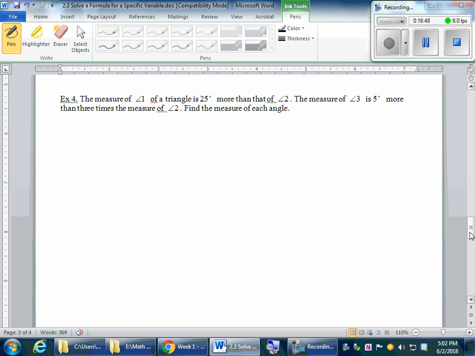So in this case, what we don't know is the measure of angle 1, the measure of angle 2, and the measure of angle 3, these three angles. Now, like in the previous example, we have more than 2 unknowns, so we're going to try to find the relationship, which one is dependent on which one.